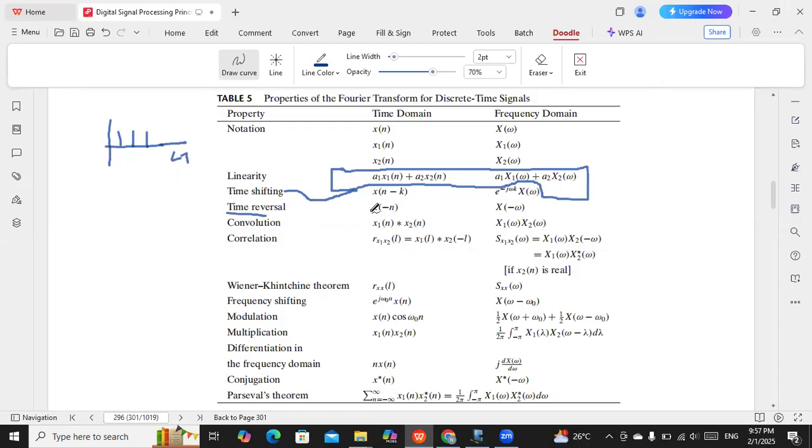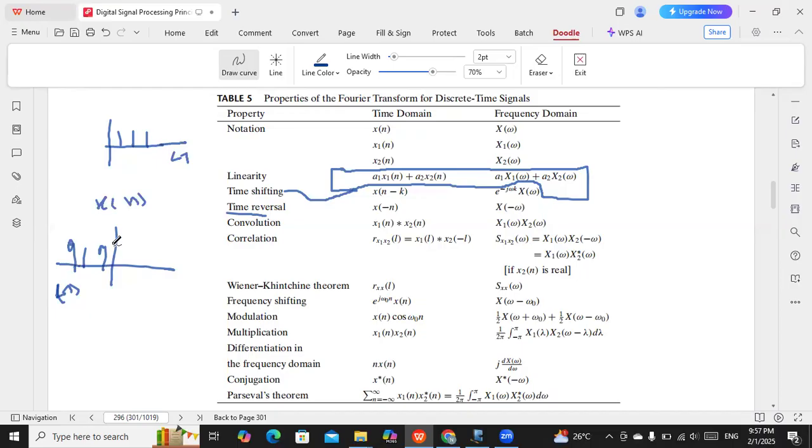And if you get x[minus n], that means you need to get the image of this signal on the x-axis. So your signal will come from here up to this side, up to minus L plus 1.